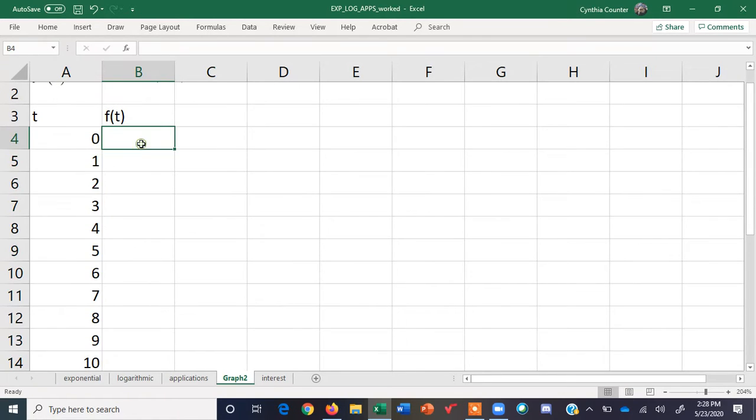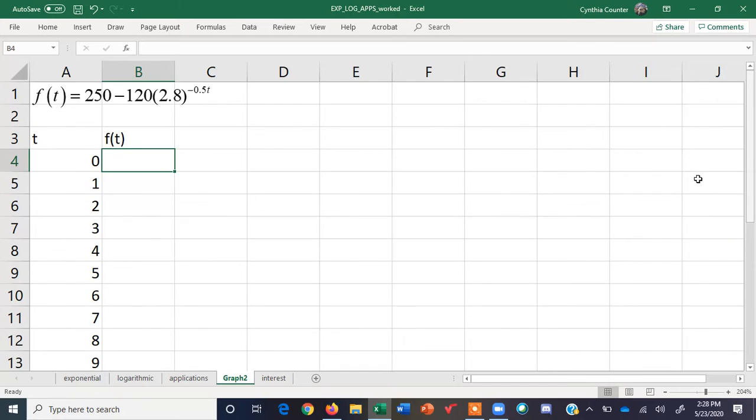And now I'm going to type in the formula to find f of t, so I don't have to do this 16 times.